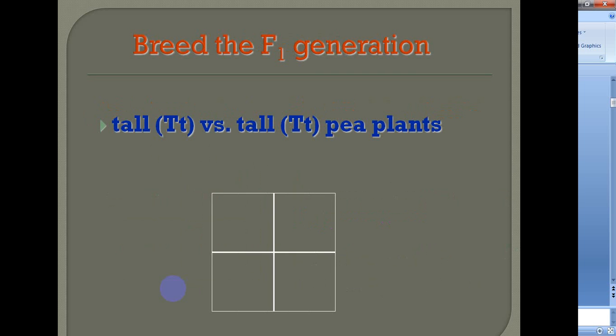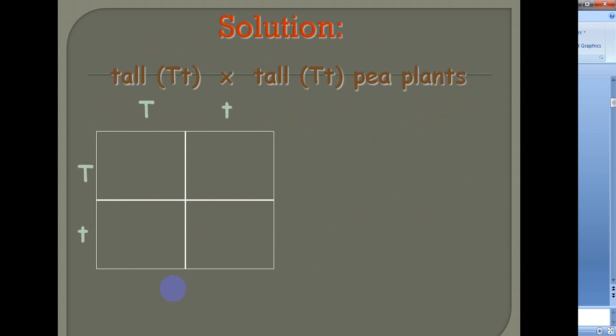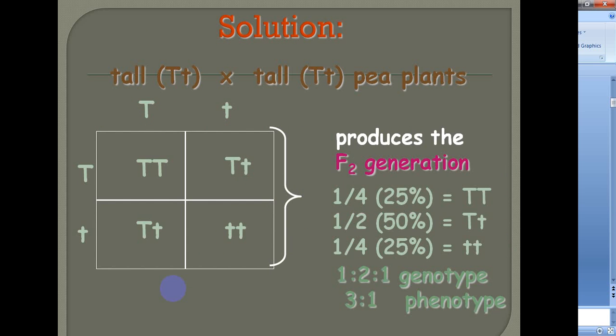However, in the F2 generation we get a 3:1 ratio, as in Mendelian inheritance. The genotypic ratio is always 1:2:1: one dominant homozygous, two heterozygous, and one homozygous recessive.